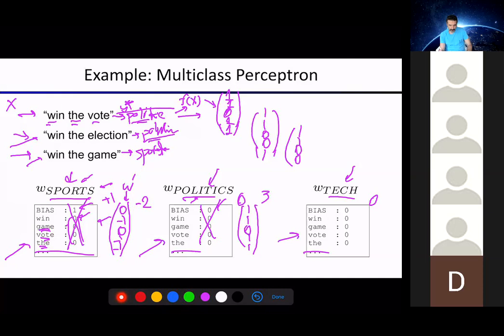D is 1. Again, let's consider the inner product. It would be 0, -1, 0, 0, -2, right? Did I calculate it correctly?